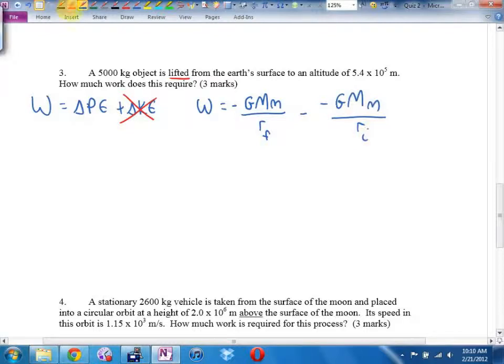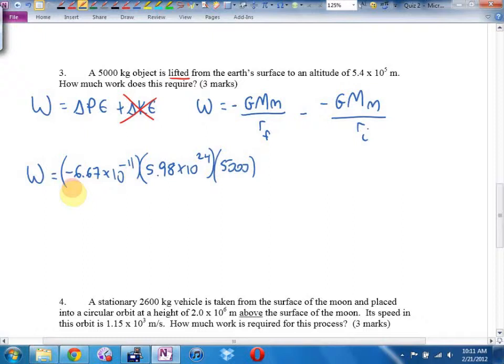Let's plug in numbers. Negative 6.67 times 10 to the negative 11, 5.98 times 10 to the 24th. What's the second mass? 5,000. All over.